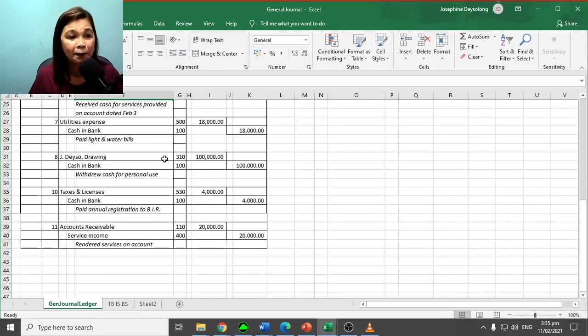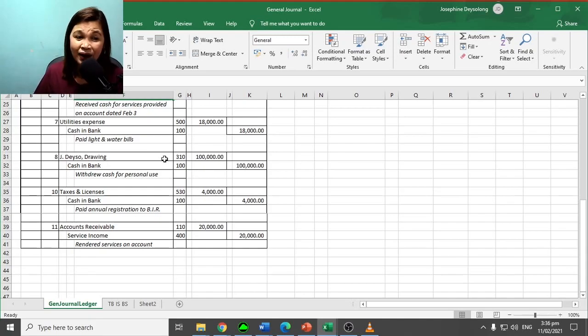Now, my last sample transaction here is accounts receivable. Meaning, I rendered services again on account. Maybe this is another client that I have. So, my debit here is accounts receivable. The client did not pay me in cash, but utang.